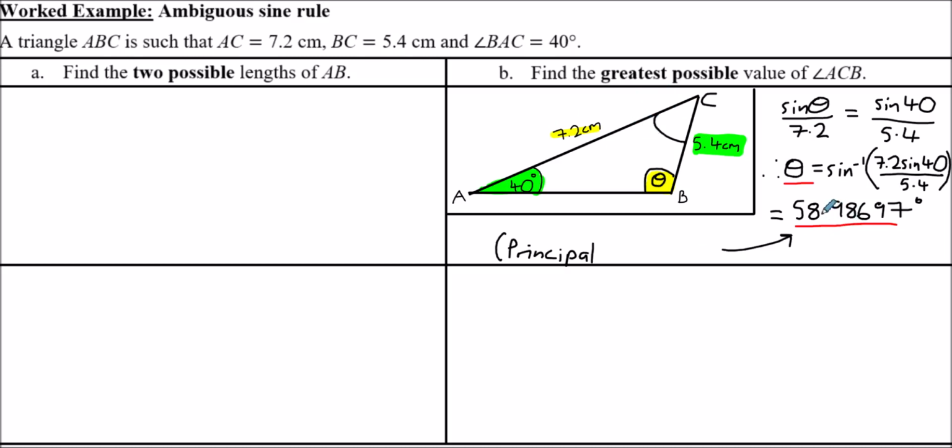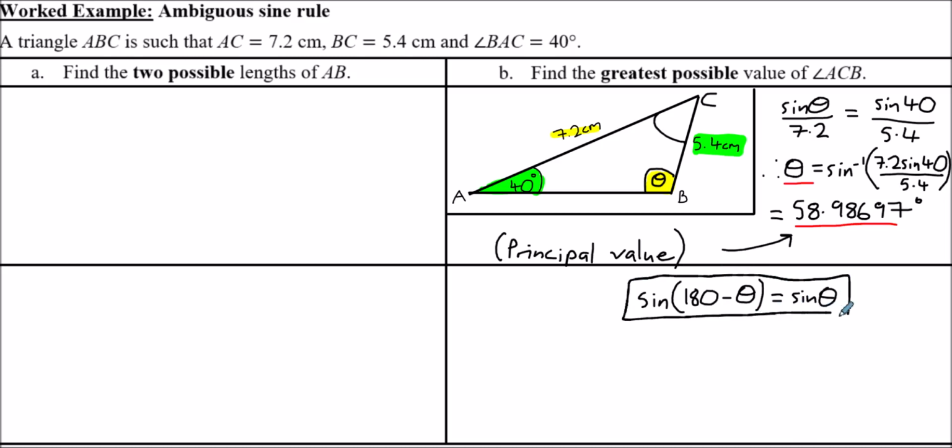So when 58.98 and such, that's a principal value. But if you have a look what Part B asks us for, Part B asks us for the greatest possible value of ACB. We then need to remember that sine of 180 minus theta is the same as sine theta, that identity that we proved before.